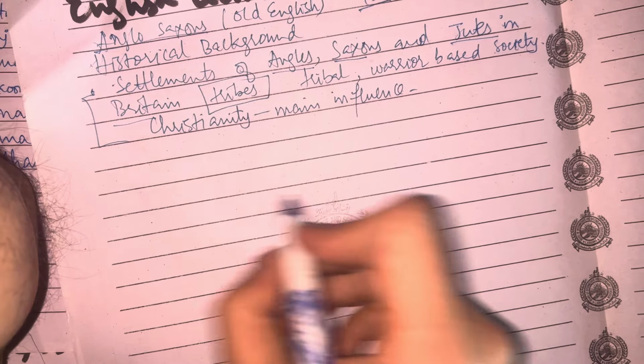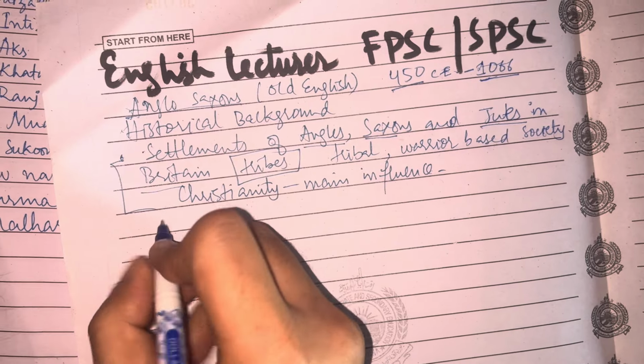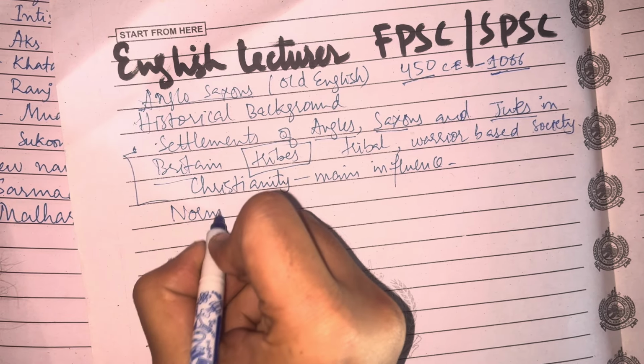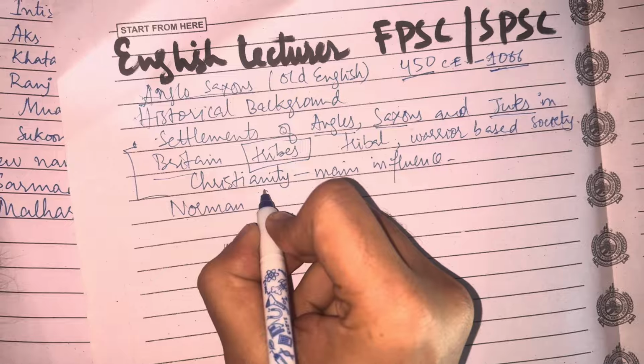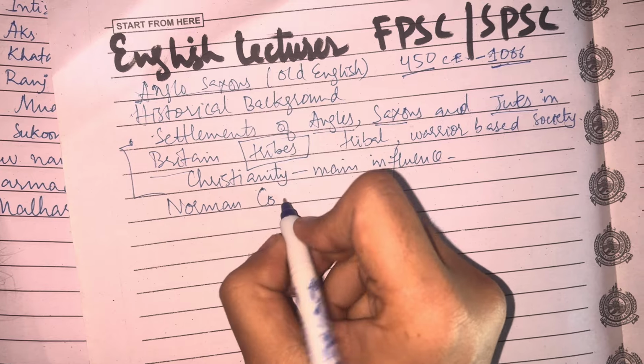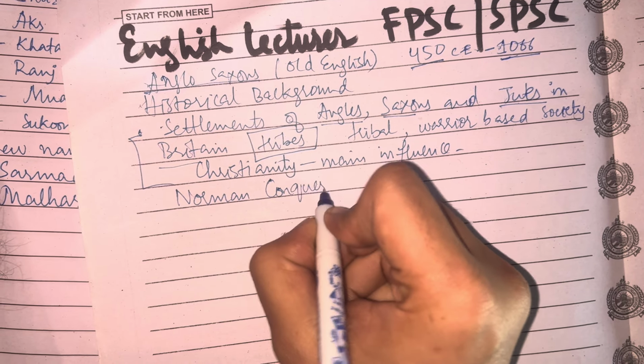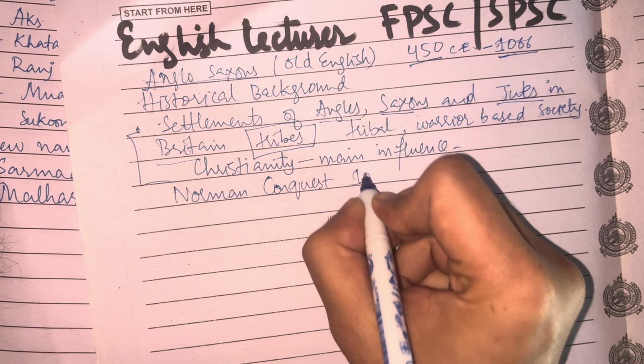And this period of Anglo-Saxons ended with the Norman conquest. That happened in 1066.